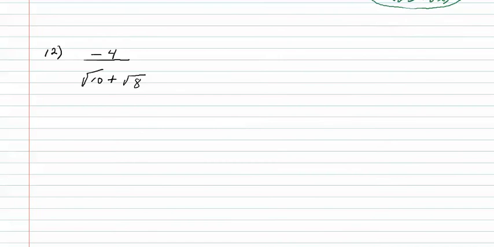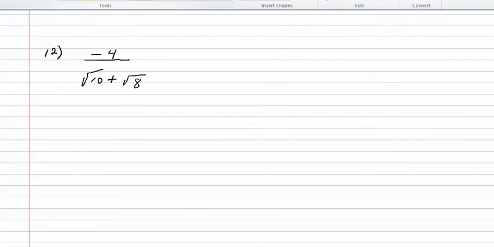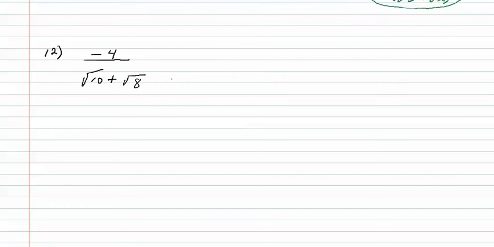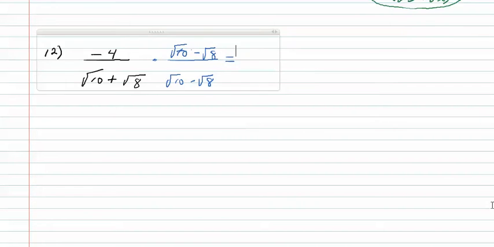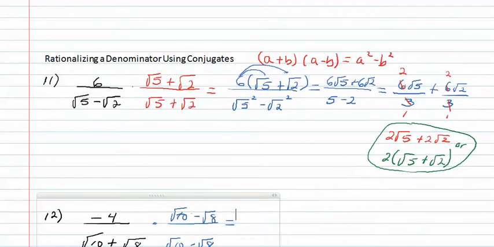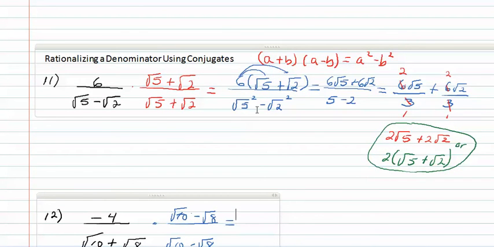Alright, so I look at this and I say I want to get rid of the radical symbols in my denominator. So if this is a plus, I'm going to multiply top and bottom by radical 10 minus radical 8. I keep my negative, and I got to do the same thing to the top, radical 10 minus radical 8. Okay, you can skip writing this section right here.